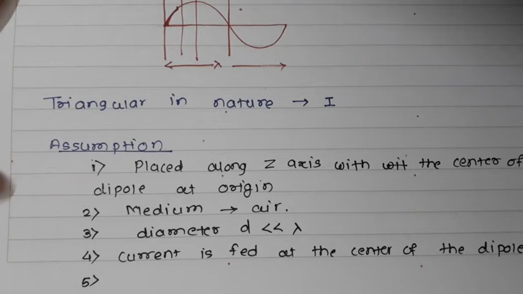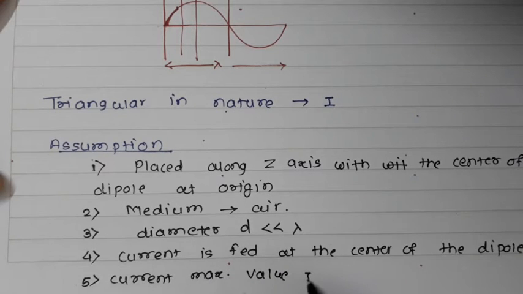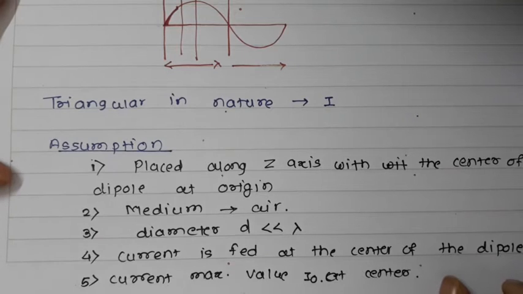The current distribution is assumed to be triangular with the maximum value of I0 at the center, and it decreases linearly to 0 at the ends of the dipole.